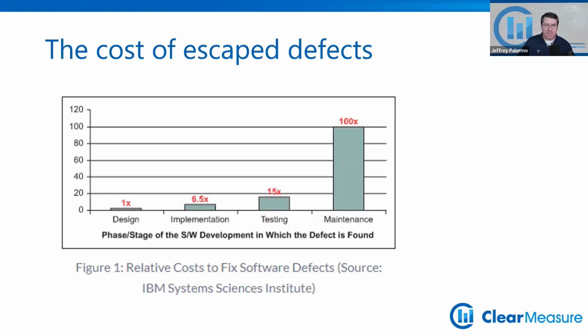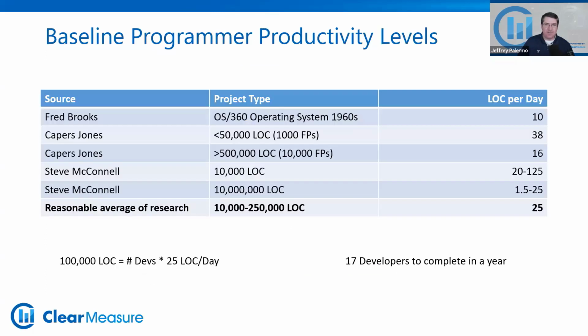Okay. So we go back to lines of code per day, and that's all great. But if we are generating defects, well, we're not just writing features. We're actually sending defects out and then having to spend a lot of time to fix the defects.